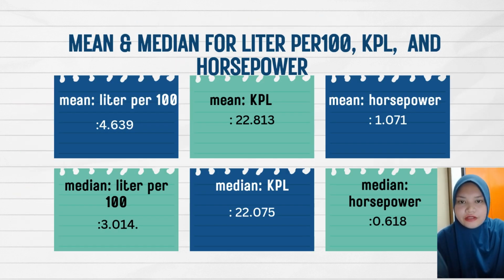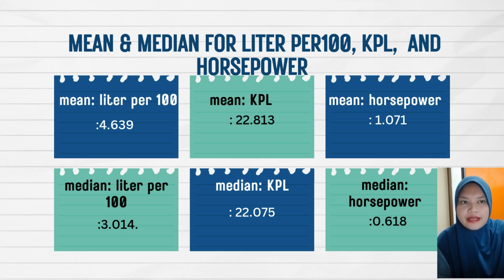This is the result of my calculation for the mean and median of the liter per 100 kilometers, kilometers per liter and horsepower variables. Mean for liter per 100 is 4.639 and median for liter per 100 is 3.014.